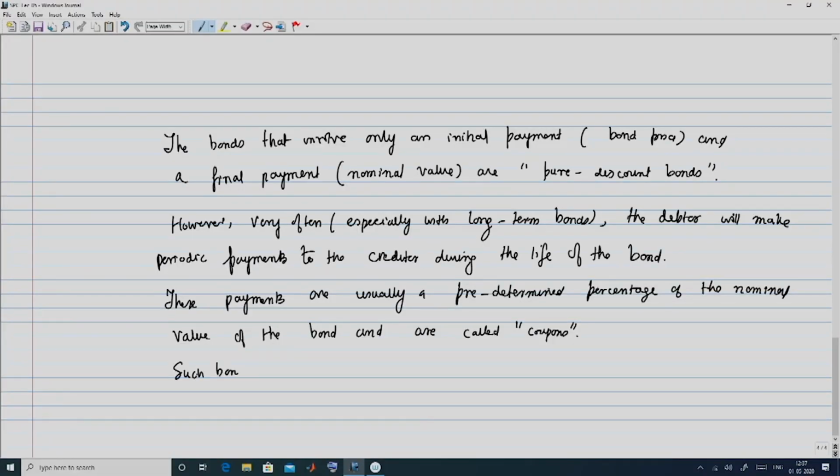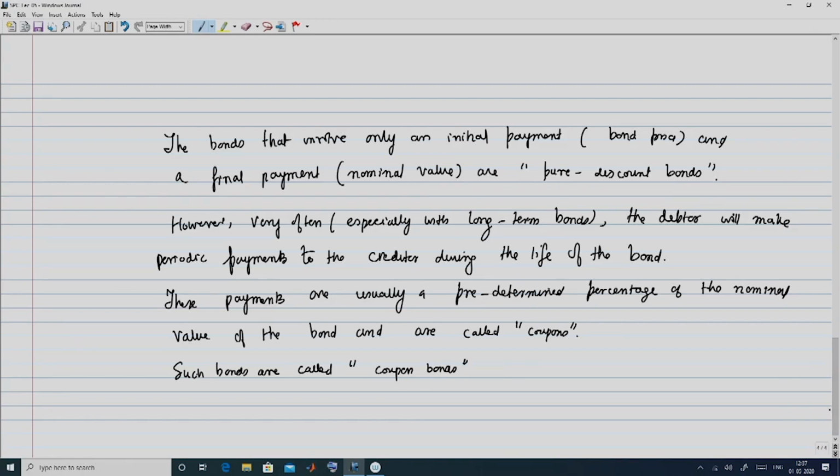So, here the coupon payments are 10% of the nominal value of 100. So, a coupon bond involves coupon payments at the intermediate time points, and at maturity two things are paid: the final coupon and the nominal value. Naturally, such bonds are called coupon bonds.